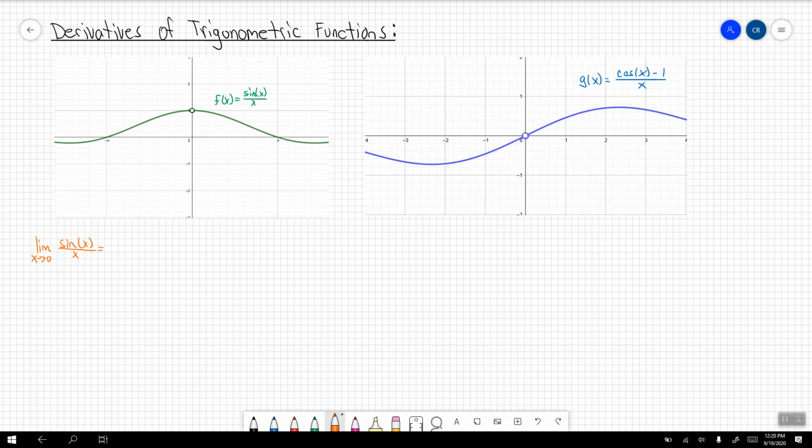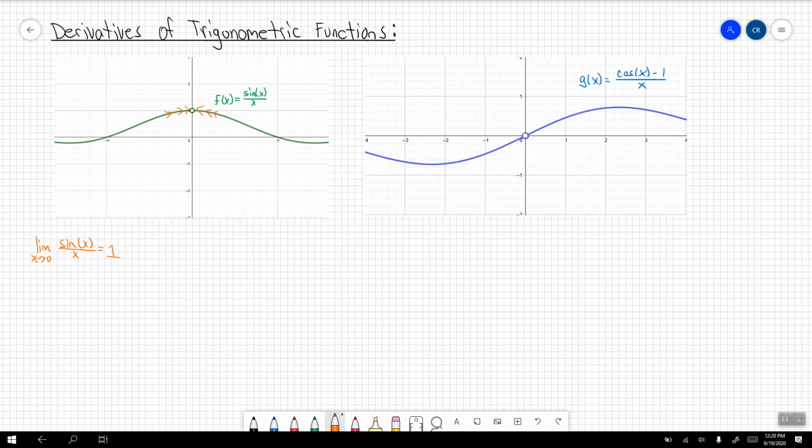However, identifying that we are working with limits, it doesn't matter whether the function value exists or not. What we're looking for is, does the limit as x is approaching 0 for that function exist? As we're traveling from the left hand side and from the right hand side of that function as we're approaching 0, we're naturally converging on this point, which is going to be a y value of 1.